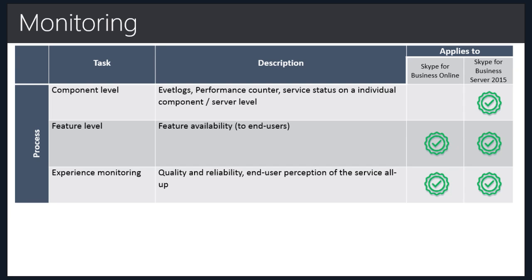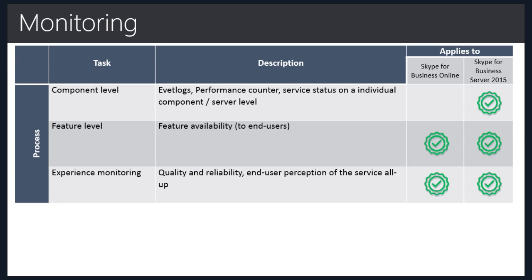I always think about monitoring not as this giant monolithic thing, but really about different tasks that need to be performed. On the one side, there is something that I always call component level monitoring. This is really making sure that the smallest unit of the deployment is healthy.